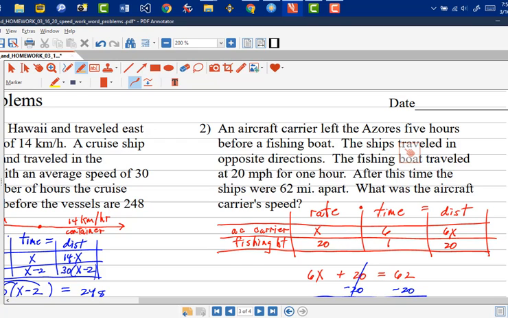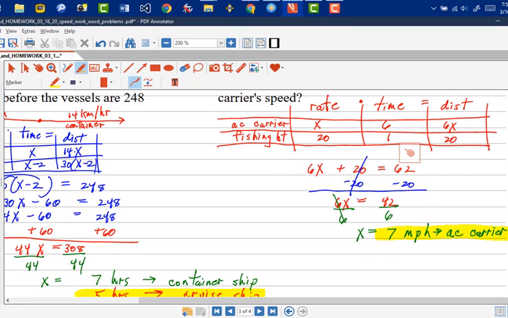Okay, so this is another opposite direction problem. So looks like I didn't draw my little diagram, but if they start at the same place, that's the fishing boat, that's the aircraft carrier.